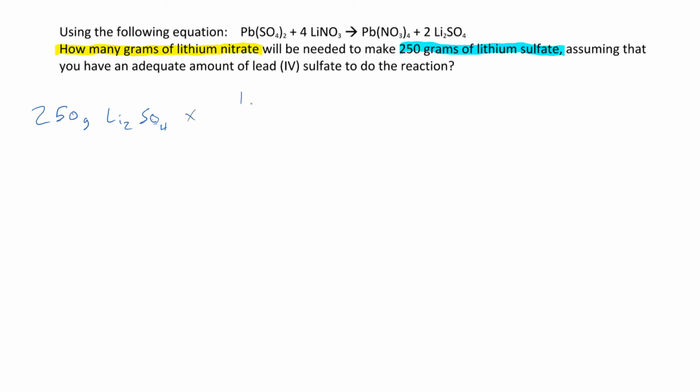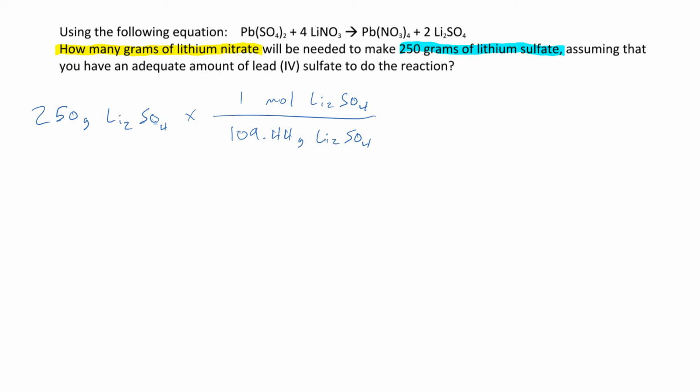So we're going to need to divide by the molar mass of lithium sulfate, which is 1 mole for every 109.44 grams. Now if you're not sure how to find that, then I encourage you to go watch the video on finding molar mass. That'll clear that up a bit.